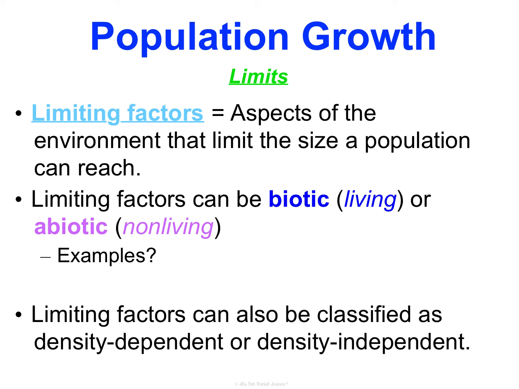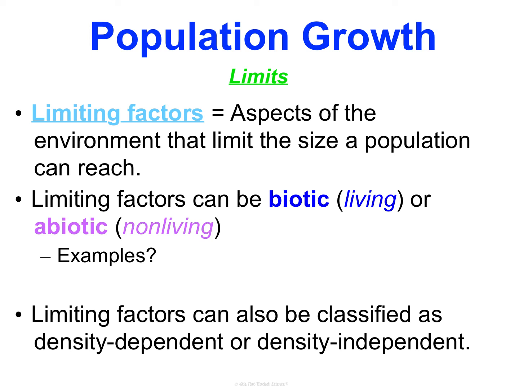There are limiting factors, and these are things that limit the size that the population can reach. A lot of times it's an environmental factor or a resource factor, but these limiting factors can come in varieties. They can be living, biotic, or non-living, abiotic. Can you think of any examples that can be living examples that would limit how much a population can grow?